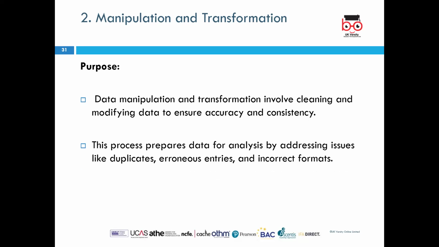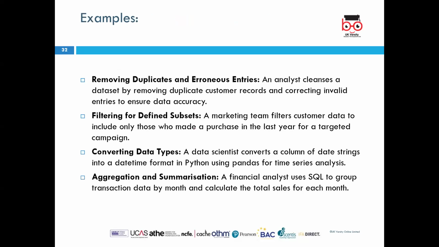Manipulation and transformation. We know that once we've now gathered our raw data, we can now cleanse and modify the data to ensure accuracy and consistency. Example for this, removing duplicate and erroneous entries.